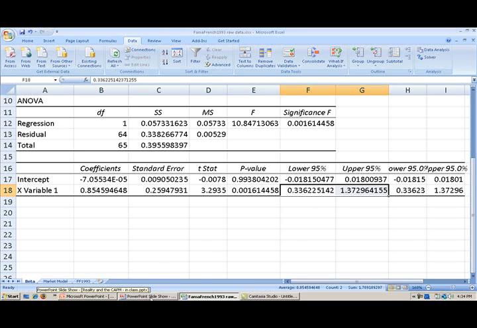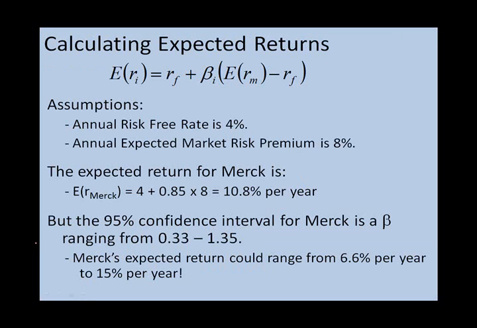If we go back to PowerPoint, to calculate the expected returns for Merck, we need to have the risk-free rate, which we're going to assume is equal to 4%. We need to have the beta for Merck, and we know that is going to be equal to 0.85. And we need to have the expected annual market risk premium, which we think is about 8%.